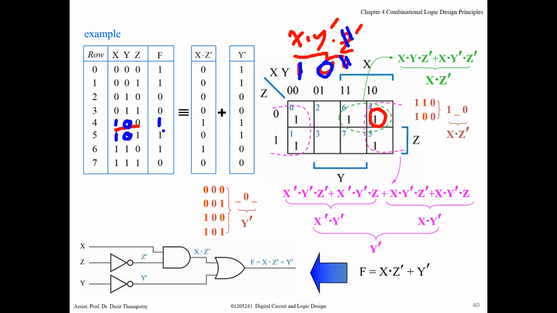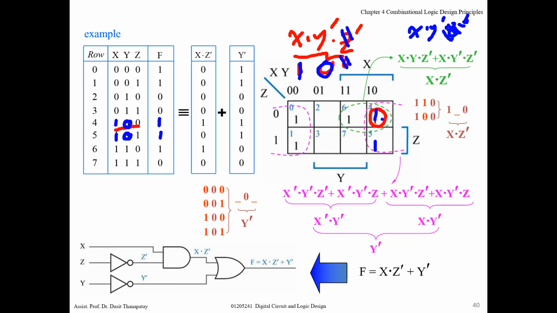This product term makes the function be 1 also, so this product term implies f. That means x and y prime and z prime is not a prime implicant because you can remove a variable. In the K-map, x and y prime is this cell and this cell.